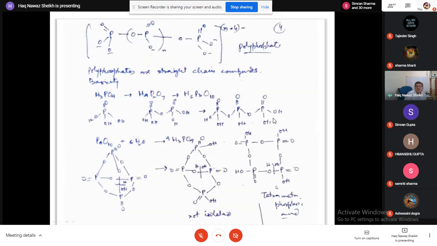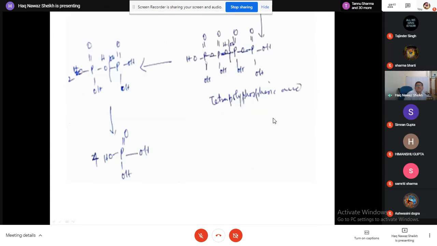If you break this one also, then you get this straight chain tetraphosphoric acid, tetrapolyphosphoric acid. And if you break this again at the center by hydrolysis, you generate pyrophosphoric acid, H4P2O7. If you break this further by hydrolysis, you get orthophosphoric acid.